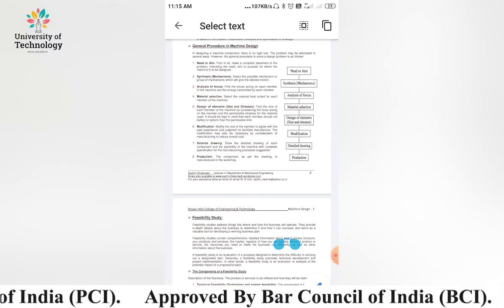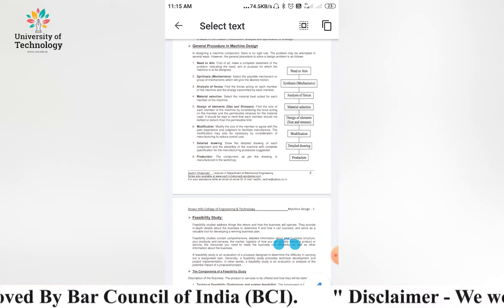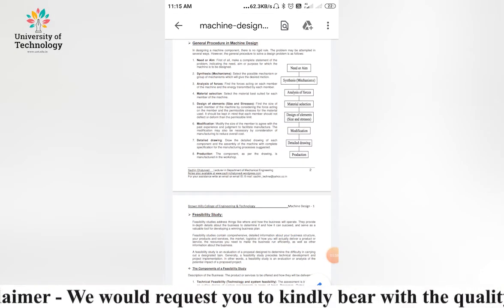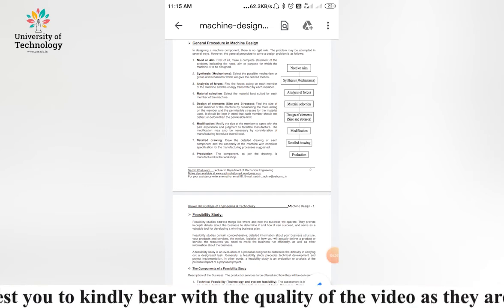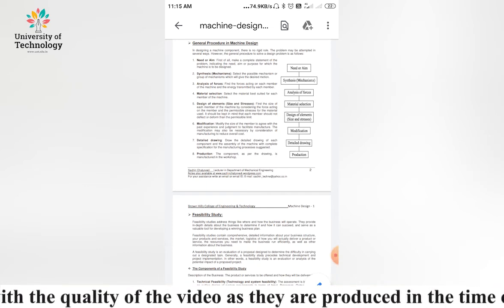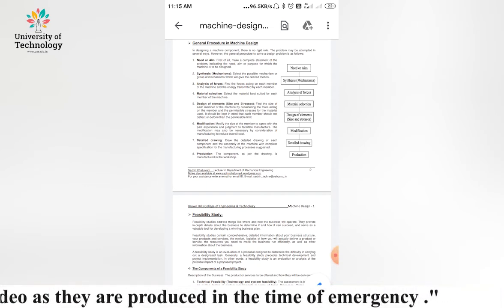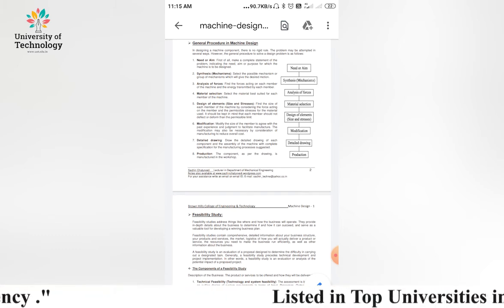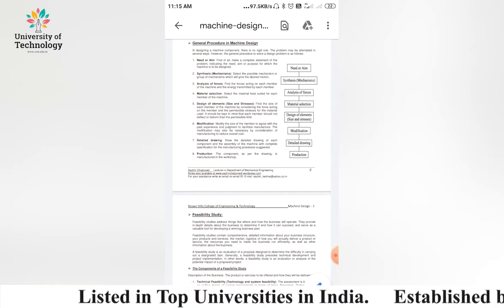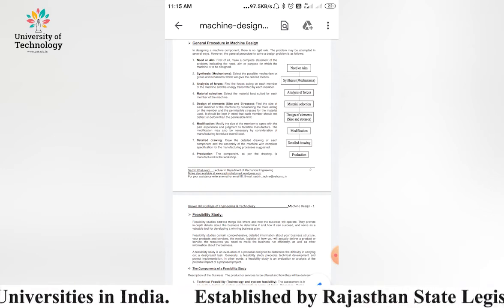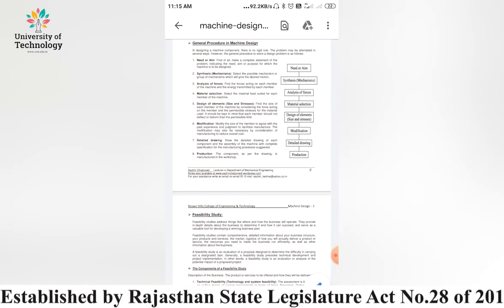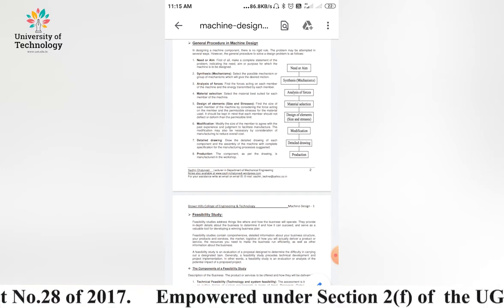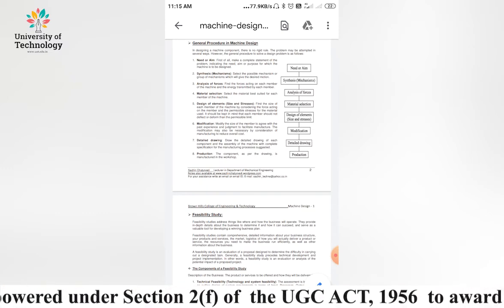However, the general procedure to solve a design problem is as follows. As explained by the figure, from the top: need or aim, synthesis of mechanism, analysis of forces, after that material selection, then design of elements, then modification, then detailed drawing and production. Now we will discuss in detail.